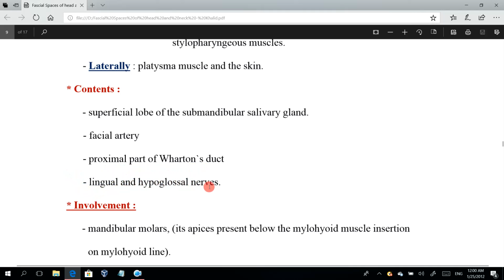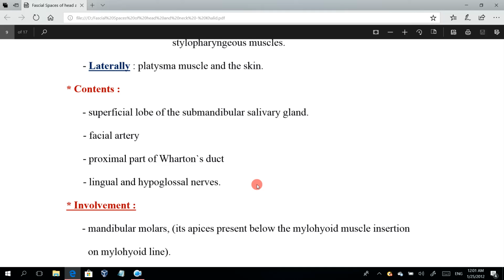This is very important and you should remember it. When I ask you what are the contents of the submandibular space, you should remember the submandibular triangle when we talked about the triangles of the neck, anterior, posterior, and subdivisions of these triangles.